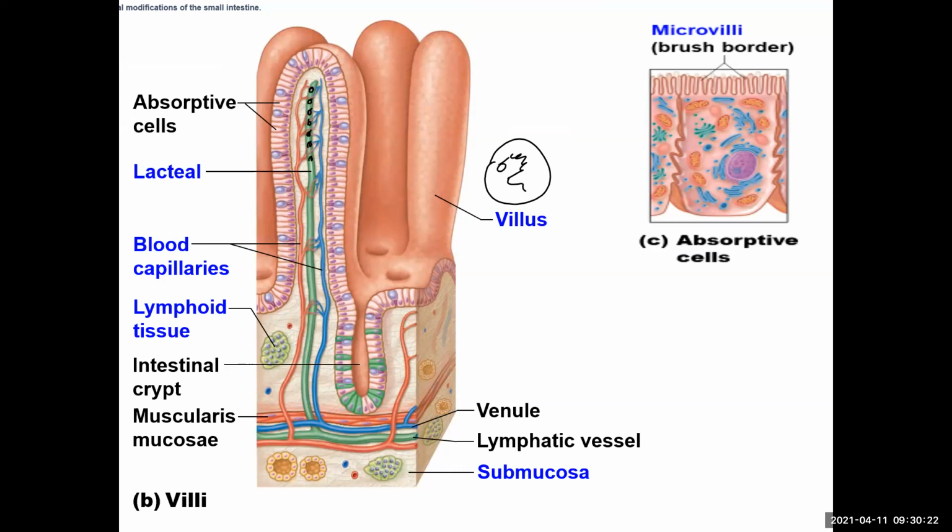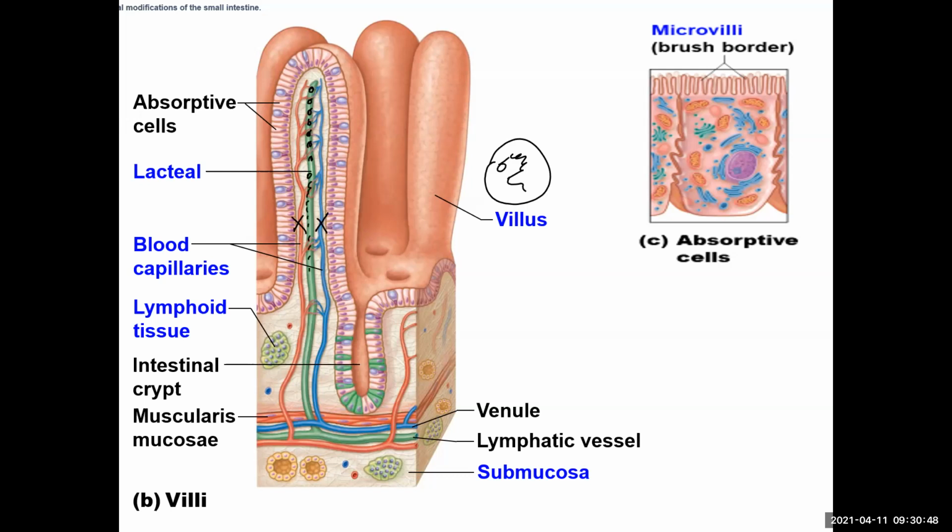Lymphatic vessels. Remember I told you the membrane is far apart. They're very permeable. So chylomicrons are bigger in size. They cannot enter into the vein or into the artery, because in arteries the cells are closer. But in lymphatic vessels the cells are far apart. So chylomicrons will enter here, through the lymphatic system.